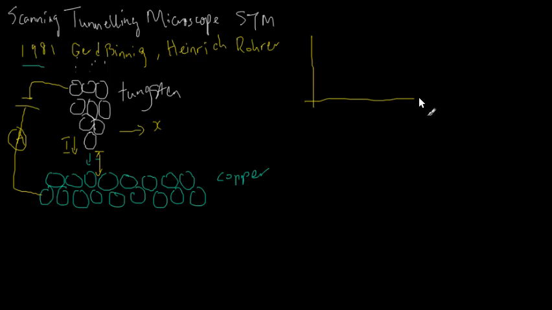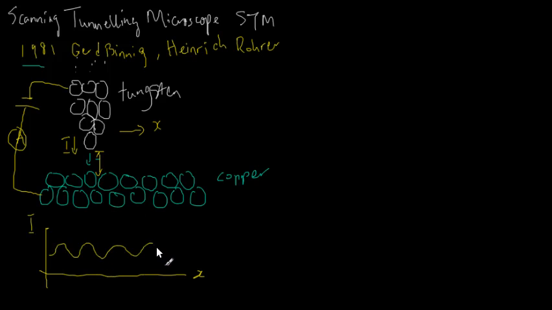Let me draw the graph here. So X, same as the X there, and the current. We would imagine that the current would go up and down.